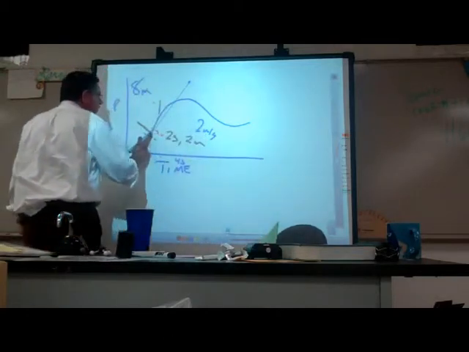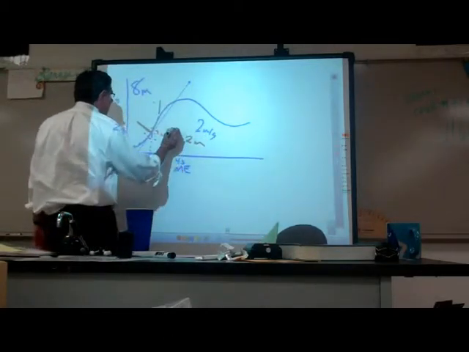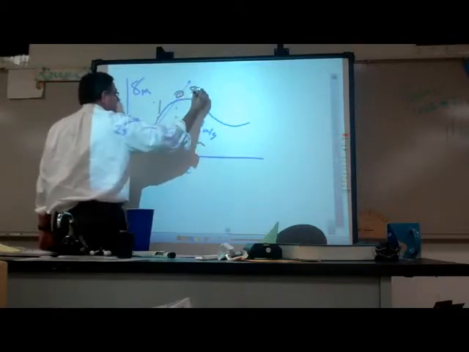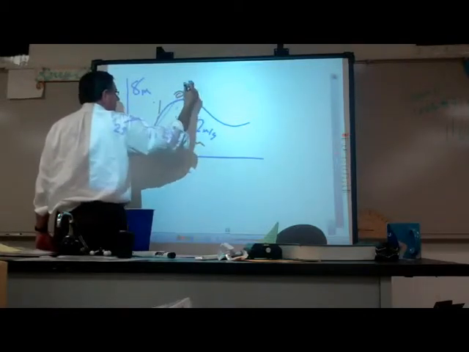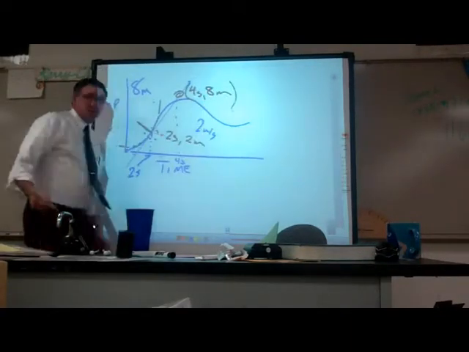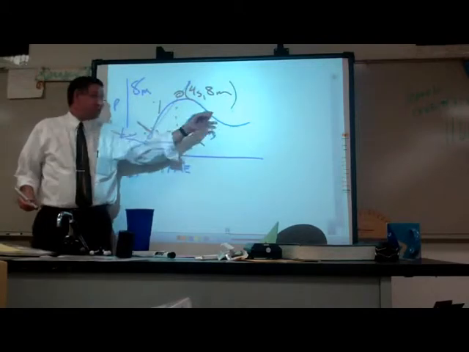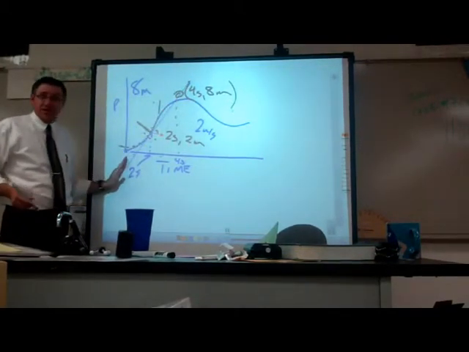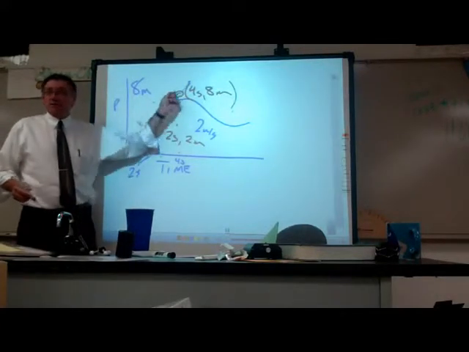So what you could do is come out here and say this is 4 seconds and that's maybe 8 meters. So this point out here is 4 seconds and 8 meters. That could be a set of points that's on the line. These have to be points that are on the straight line that you drew, not points on the curve.